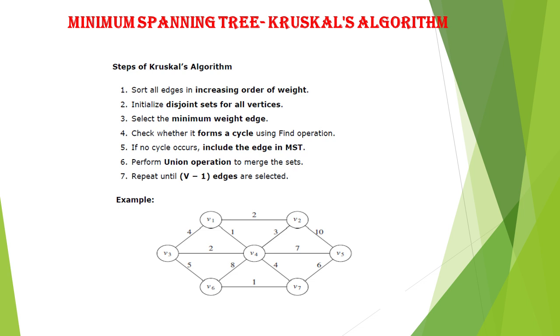In this example, it contains vertices V1 to V7, and the edges of each vertex have weights. So this is an undirected weighted graph. We have taken an undirected weighted graph as an example. Each edge contains a cost or distance.